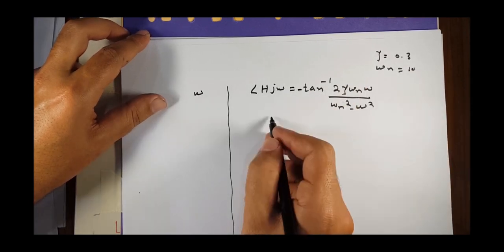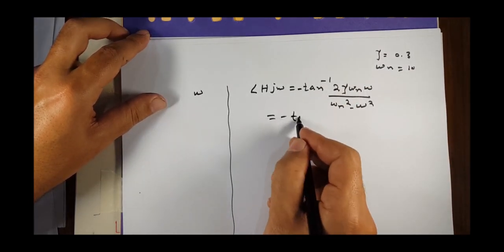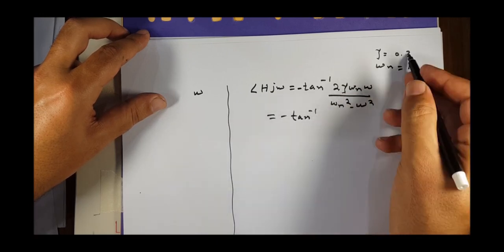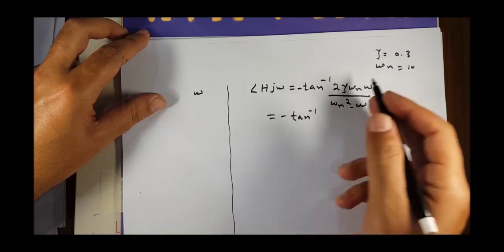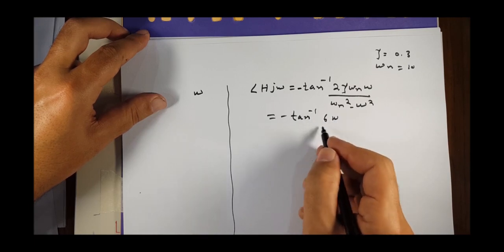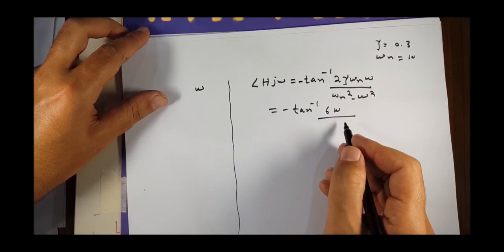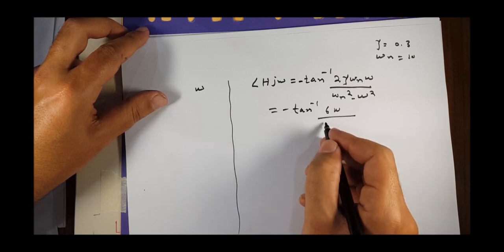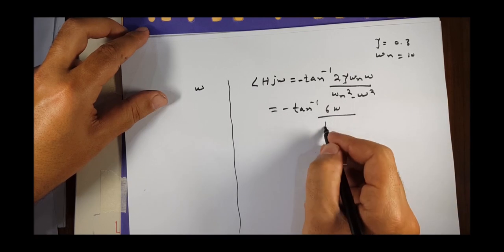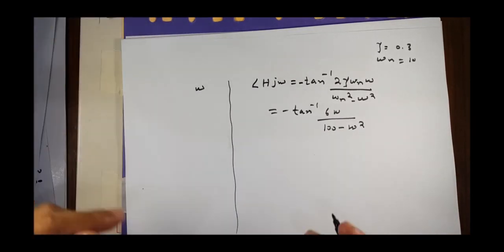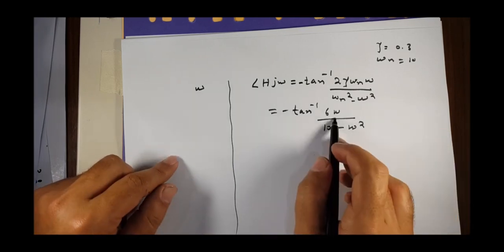You can write this again as minus tan inverse of 2 multiplied by 0.3, which is 0.6, multiplied by 10, so this will be 6 omega over omega n square, which is 100, minus omega square. You just need to put different values of omega over here.